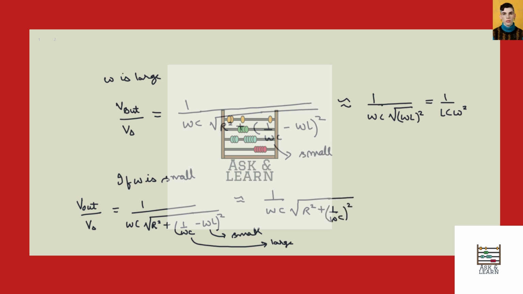Omega is still small, so R square is a smaller number in comparison to 1 over omega C whole square. So this will change to 1 over omega C times 1 over omega C. So this will come out to be 1.